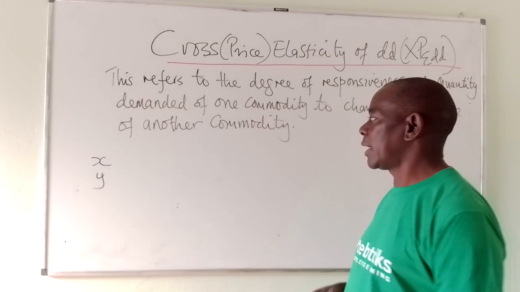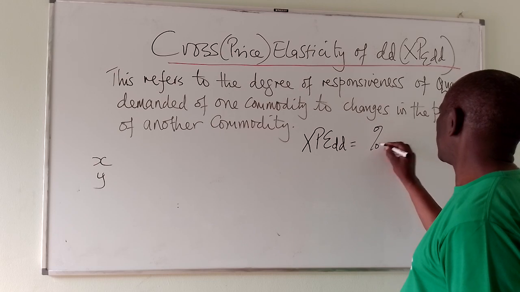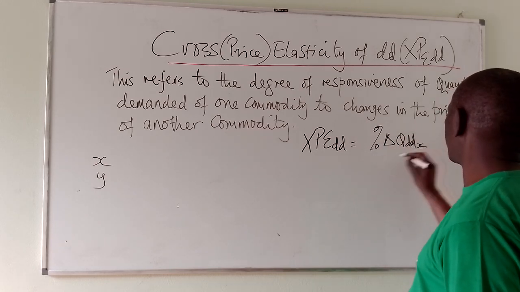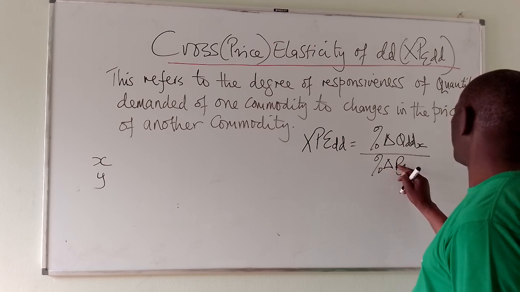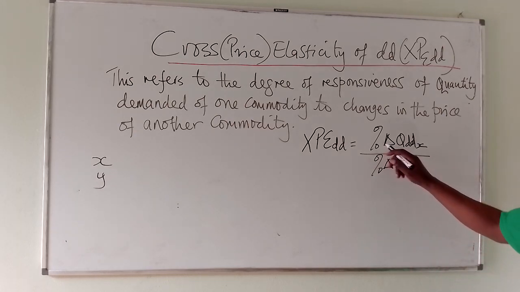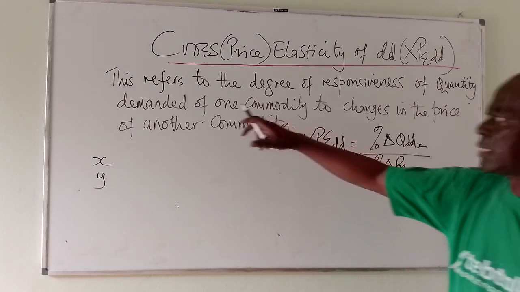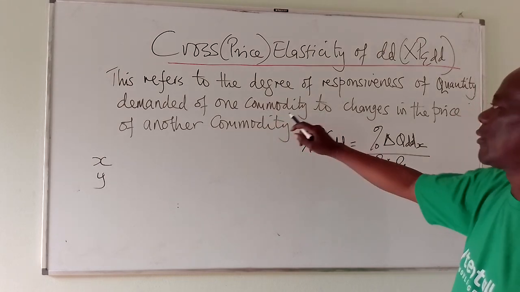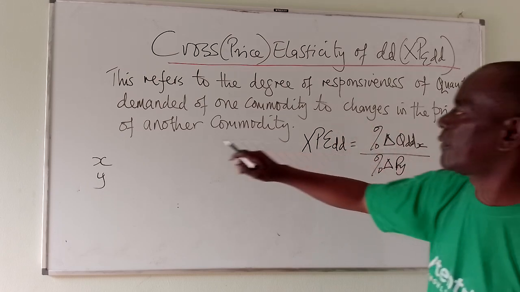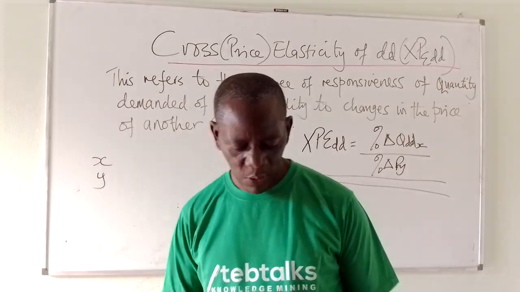And usually when we are calculating it, we say cross price elasticity of demand is equal to the percentage change in the quantity demanded of X as a result of the percentage change in the price of Y. That is the formula. The triangle represents change. This refers to the degree of responsiveness of the quantity demanded of one commodity X to changes in the price of another commodity, which is Y. This is what we use to calculate cross price elasticity of demand.